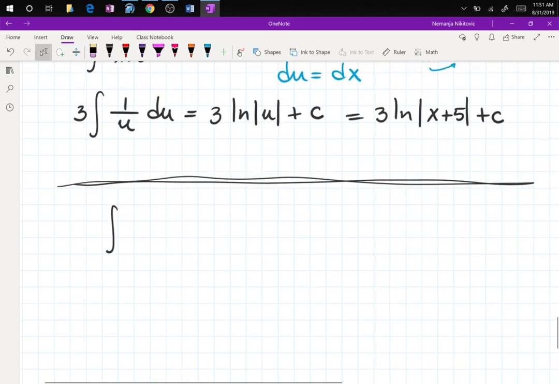How about integral from, let's go with sine to the 6x cosine x dx, because you love trig so much.